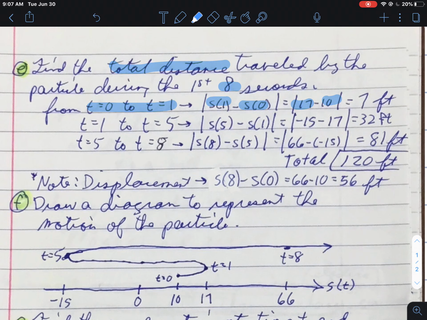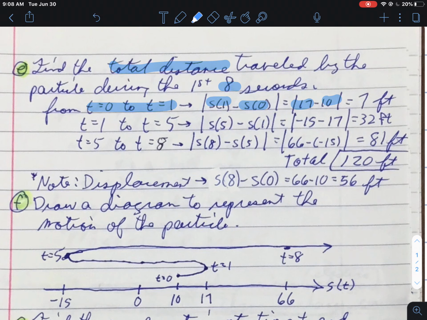Now the reason for the absolute value is because I'm not interested in which direction the object was moving here. I'm asked for the total distance traveled, so ignoring direction. If I put absolute value on these calculations, then it doesn't matter which direction we're moving, the value will always be positive.